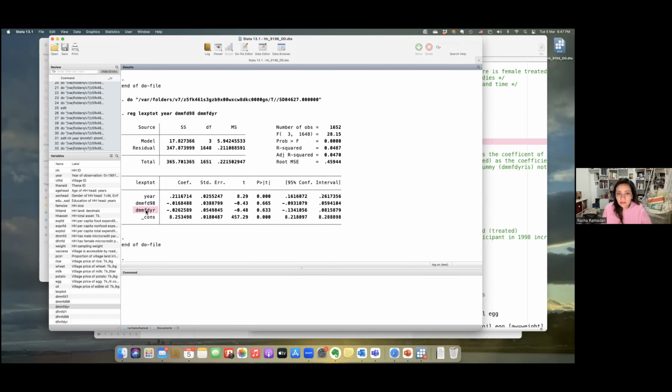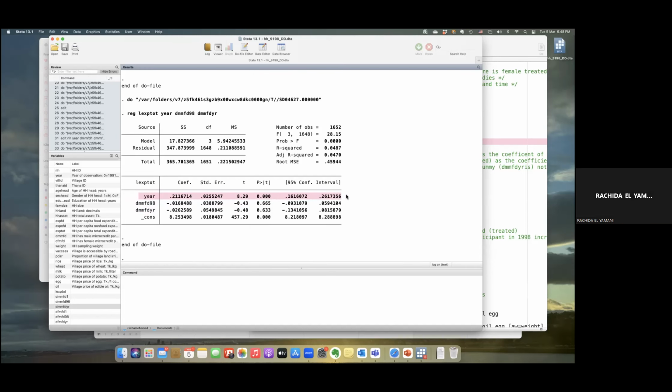So the result using the simple t-test to compare the average of the total expenditure per capita of the two groups of households and the results of the simple regression using diff-in-diff show us that having a male beneficiary in the household of microcredit has no significant effect on the total expenditure per capita.